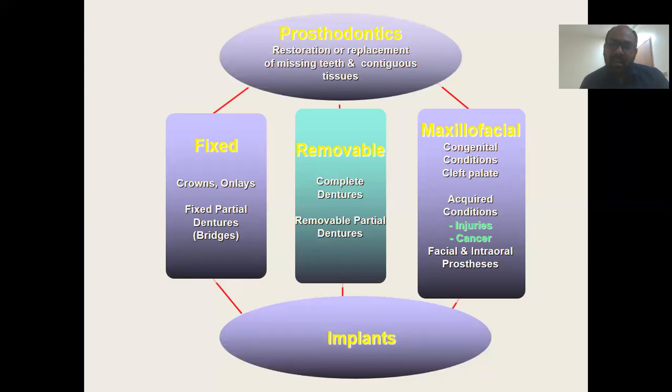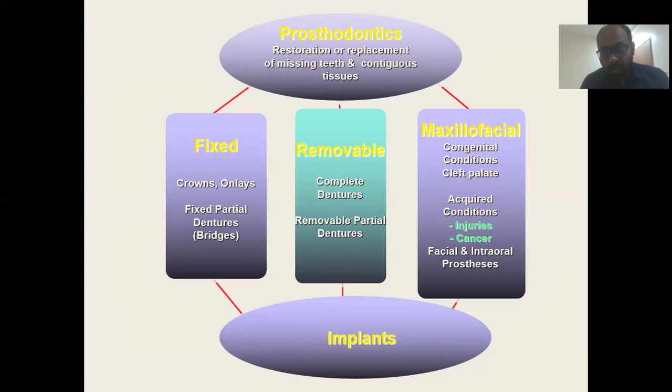But these three together, we could say, with the current advancements in the field of implantology and the rapid strides that it has made, the impact of implants is there in all the branches. If you take a fixed prosthesis, you could place implants and rehabilitate the patient with a fixed implant supported prosthesis.